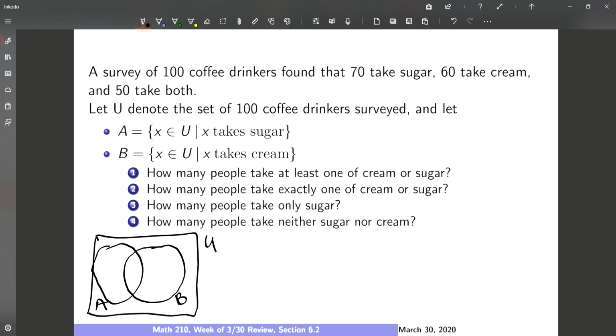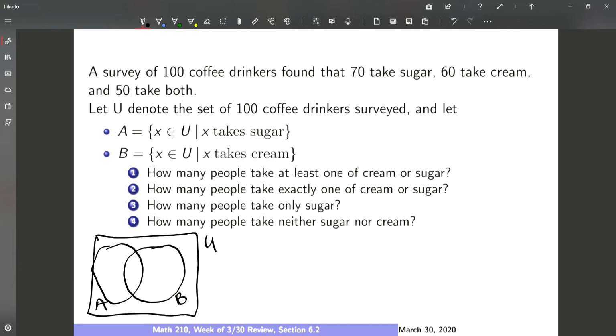Alright, so what I always do and what I find the most helpful is whenever you're dealing with counting the elements of sets, it's always best to start with what all the sets have in common. So in this case, we're looking for the coffee drinkers who take both cream and sugar, and that's 50 of them. So that's where I want to start.